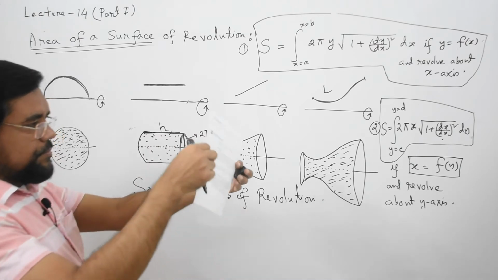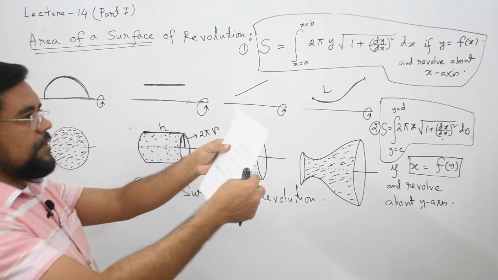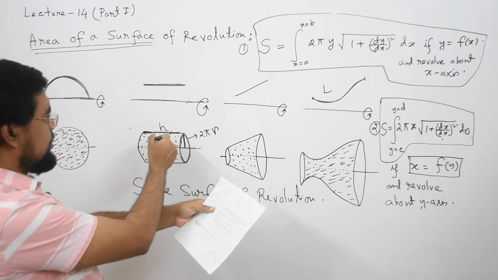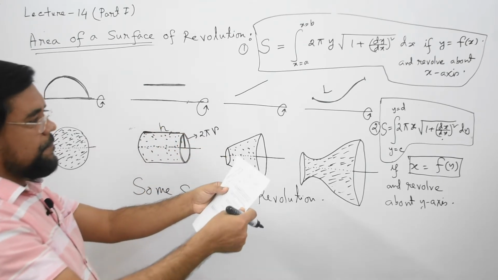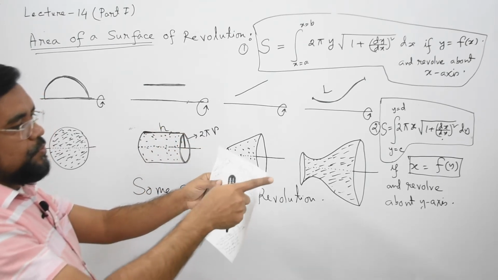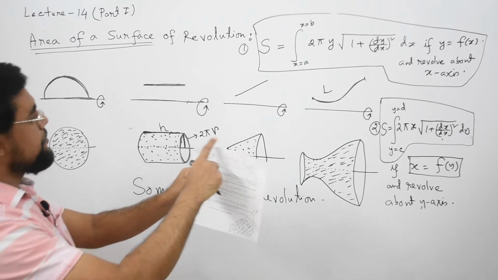So the area of this rectangle, meaning the area of this surface of revolution, will be 2 pi r h.